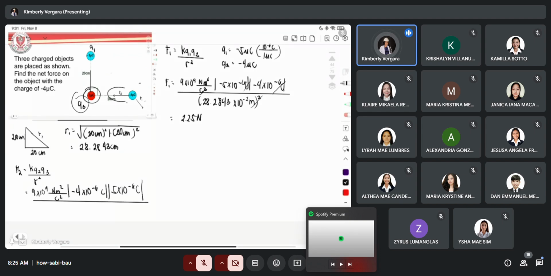The distance between these two charges, it is 20 centimeter. So 20 times 10 raised to negative 2 meters squared. So what is our F2?